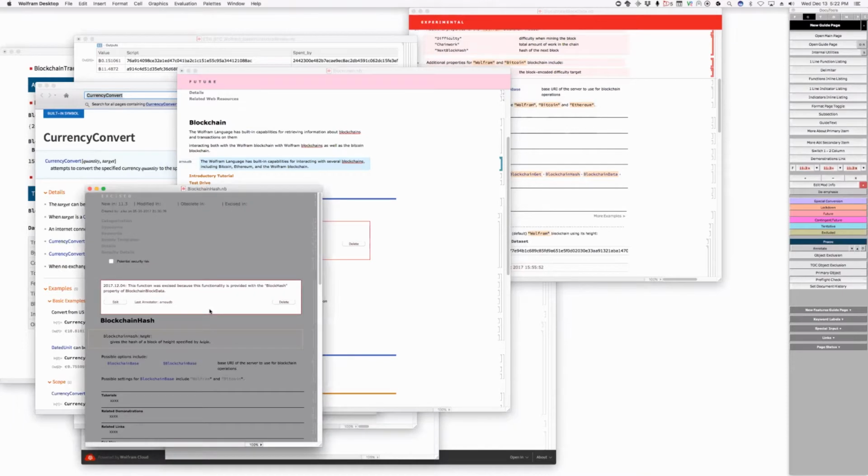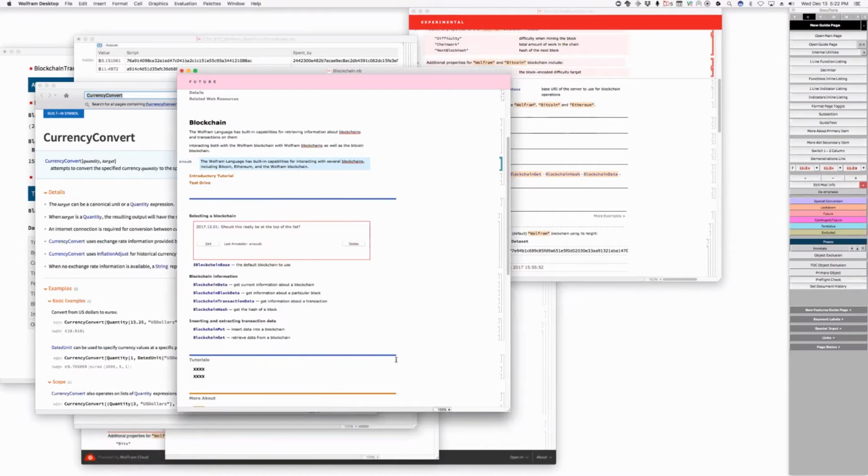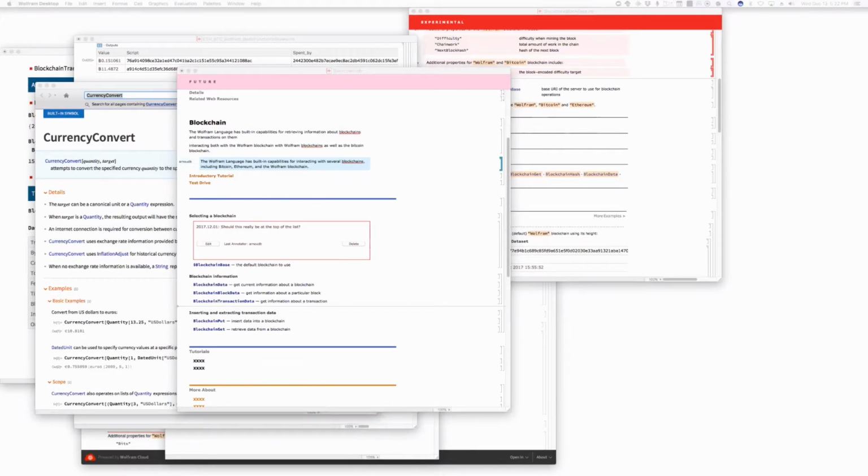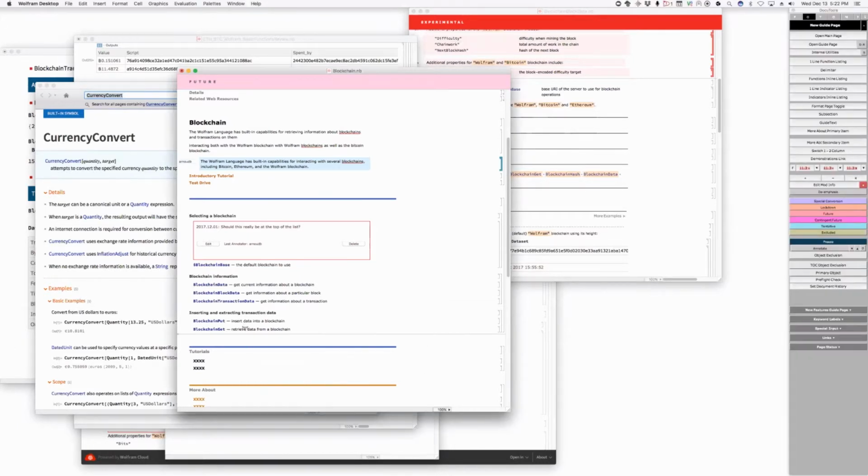What's blockchain hash? Do we even have that? No, we don't have that. Okay, I'm going to have to leave in a couple of moments here. I can help with this. General blockchain information.